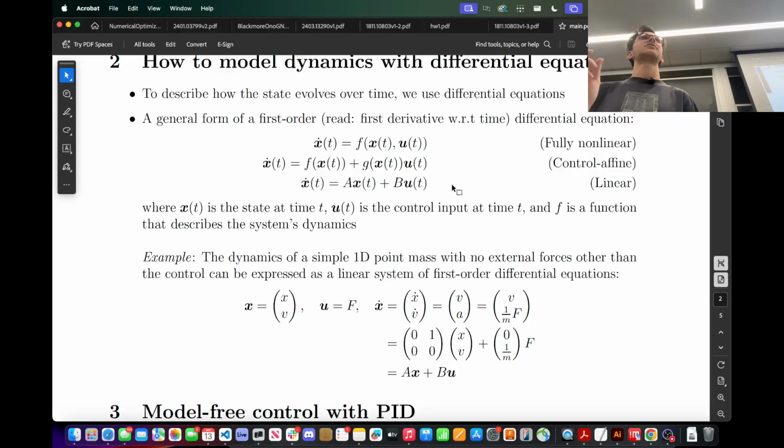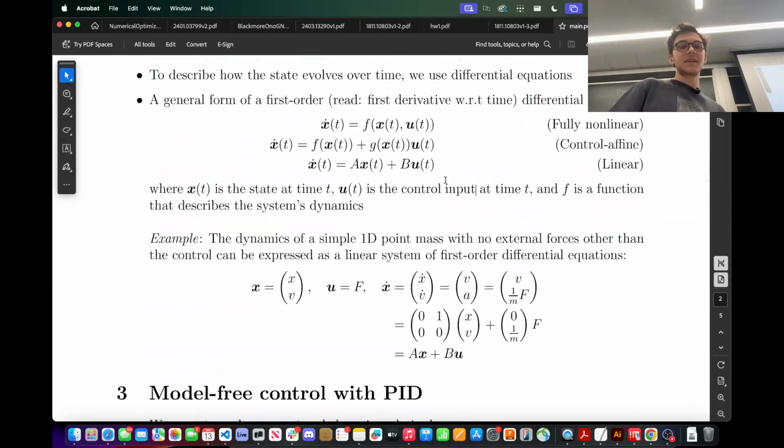So this can depend on your choice of coordinates, and you have to be careful about that. But ignore that for now and just think that the linearity of your system is a fundamental property of it. But again, caveat, this depends on which coordinates you use to describe the system.